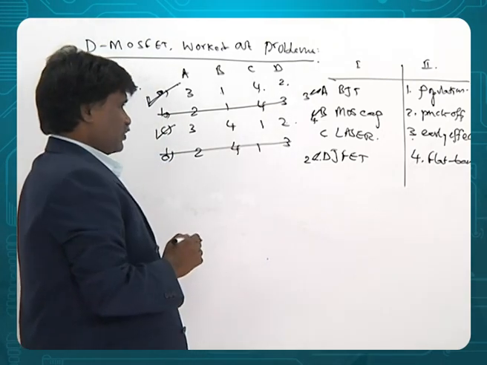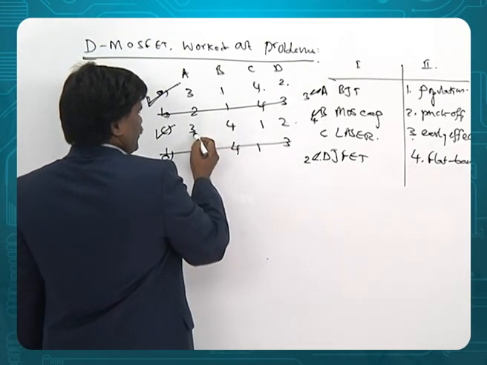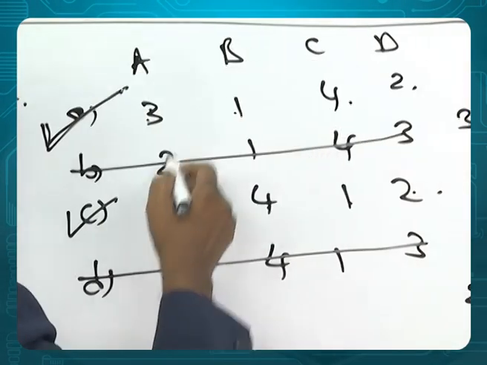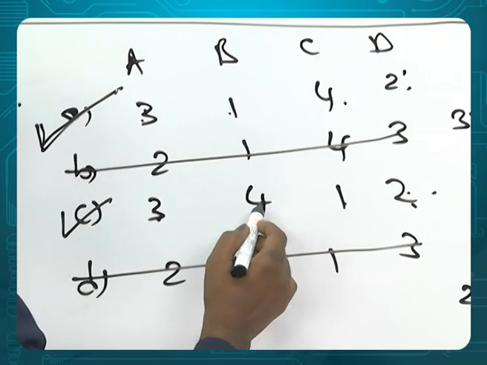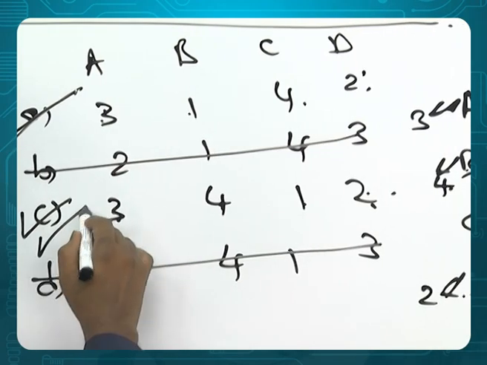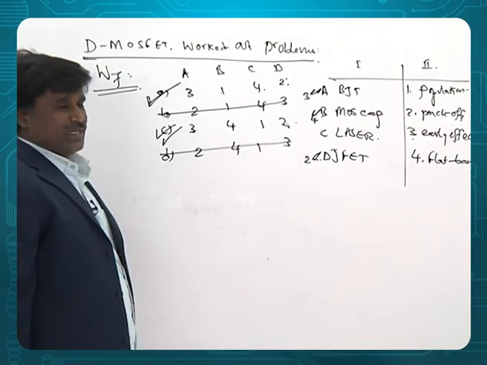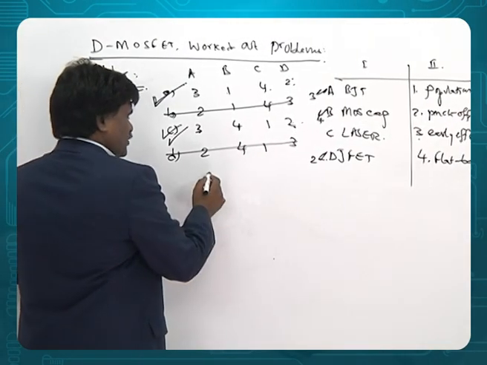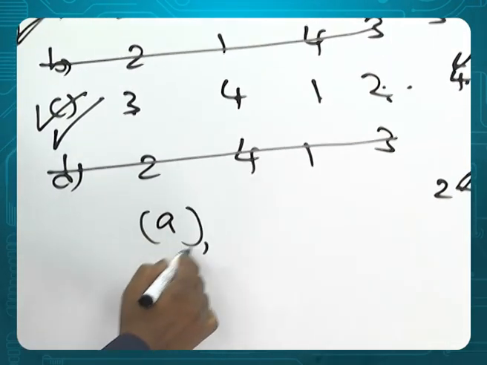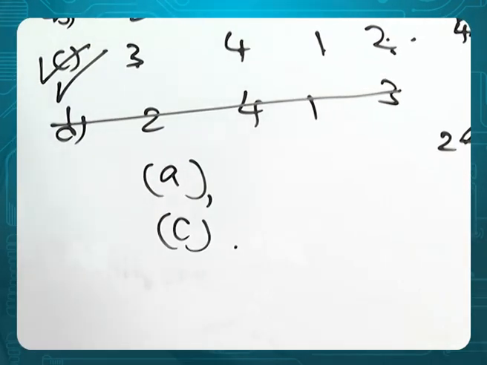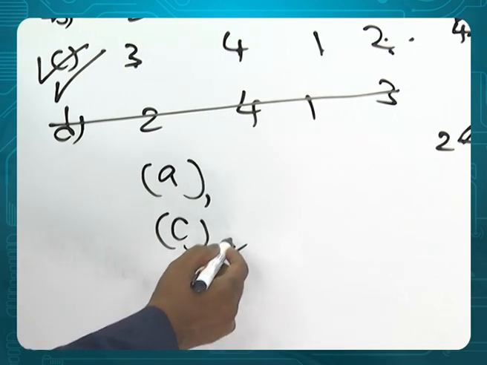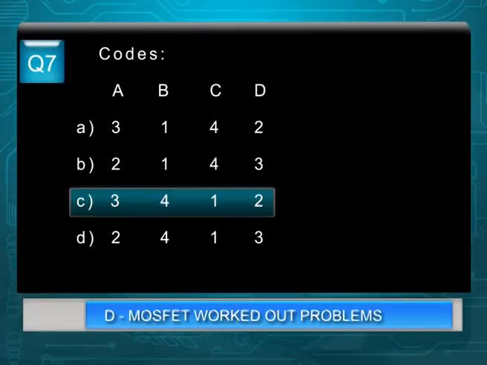Suppose B is 4. So what is B for? 3 we know. 3 is here, 3 is here, 2 is here, 2 is here. 4 is here. Therefore, our confirmed is C. That's why you have to say by elimination A can be true, C can be true. But finally, after checking all, the best answer is C. Like that, we can go by elimination and process.